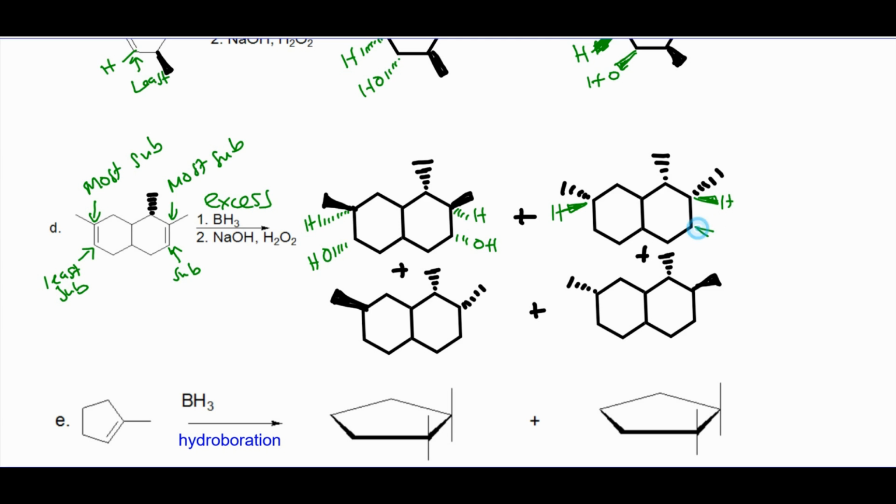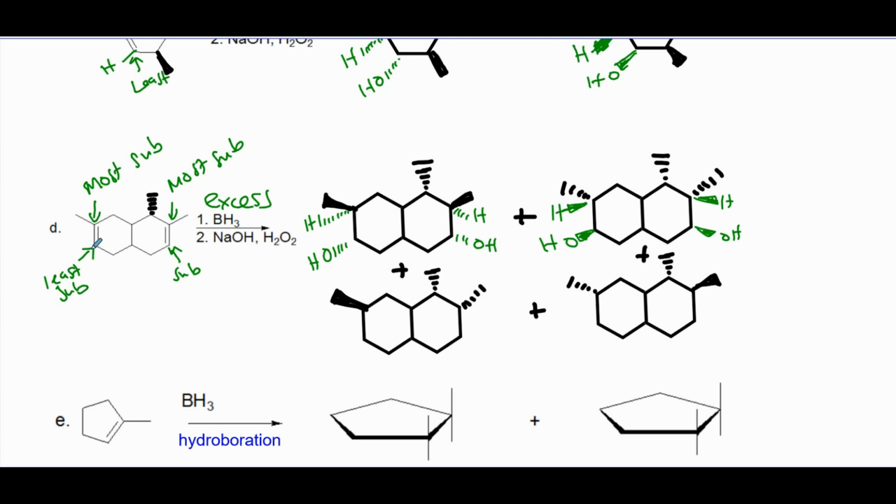At the same time, the OH will eventually be added from the top. The OH ends up on the top. What's the relationship between these two? These are diastereomers because you're keeping this stereochemistry constant. So those two are diastereomers.